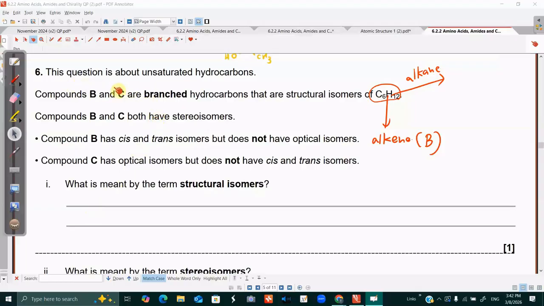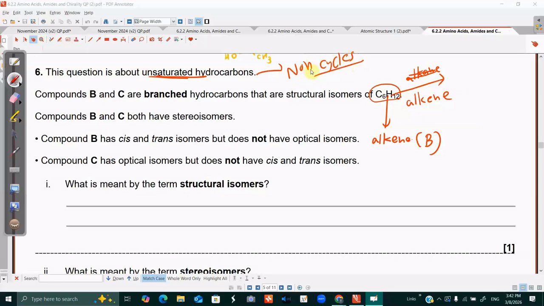And the question is about unsaturated hydrocarbons. So therefore both must be alkenes, right? Can't be cyclic. Both are alkenes. Unsaturated hydrocarbon means there must be a double bond. So from that point we can tell it is non-cyclic. Both are non-cyclic.